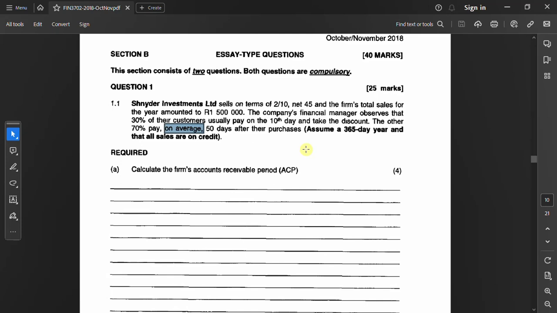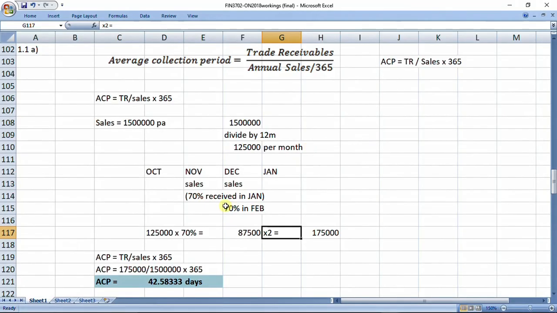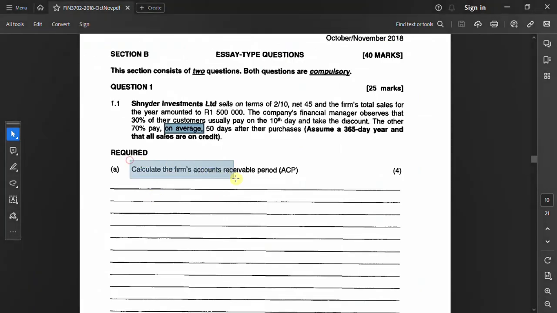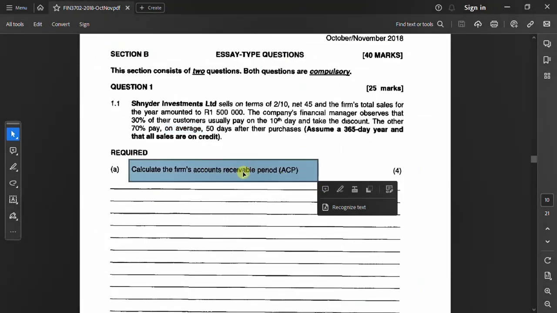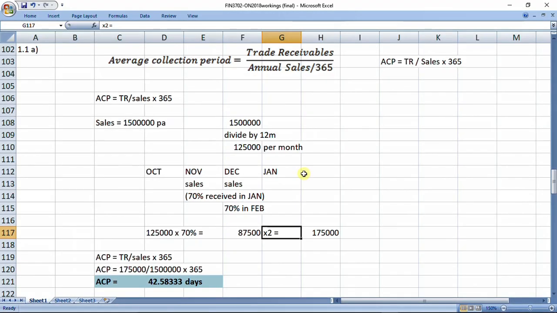Oh, okay, I see. Because they said on average. Right, the other 70% pay on average 50 days after their purchases.